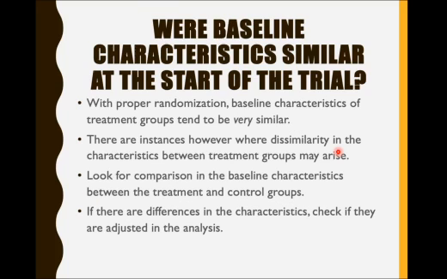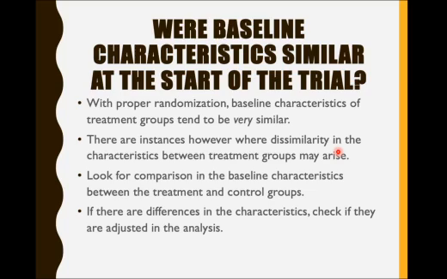Now, the next question is, were baseline characteristics similar at the start of the trial? As we said, with proper randomization, baseline characteristics of treatment groups tend to be very similar. Now, there are, however, instances where dissimilarity in the characteristics between treatment groups may occur, because as we said, this is a random allocation.